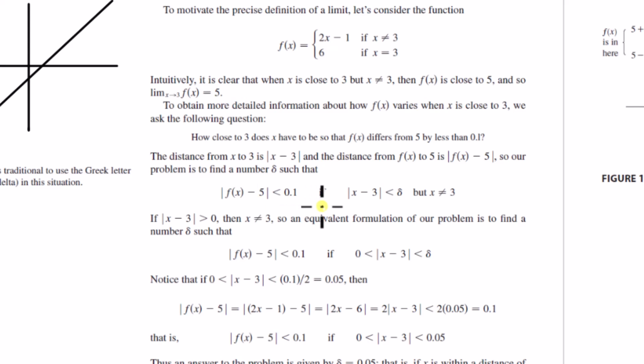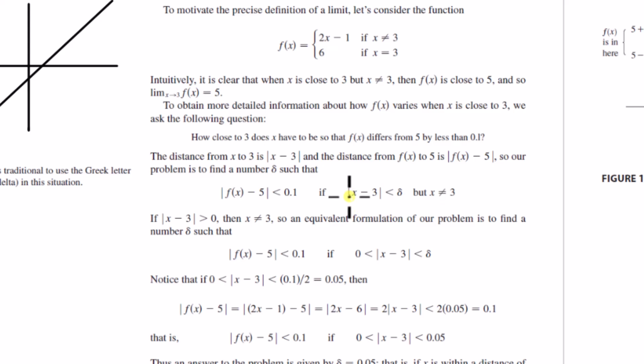Okay, but the question is then, what are all of the x values, so we could plug in any x values within some interval, that would satisfy this inequality, and those x values are based on what? Well, those are based on when x is within delta from 3 on either side of 3. But we're not considering what happens when x is equal to 3. Any other x value other than 3.